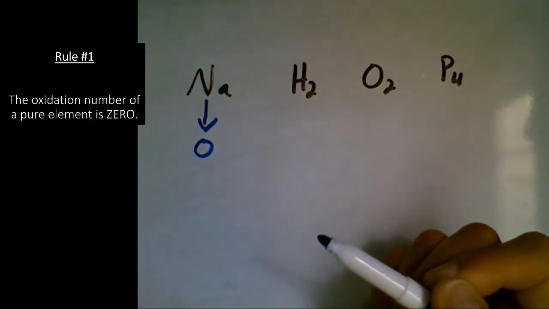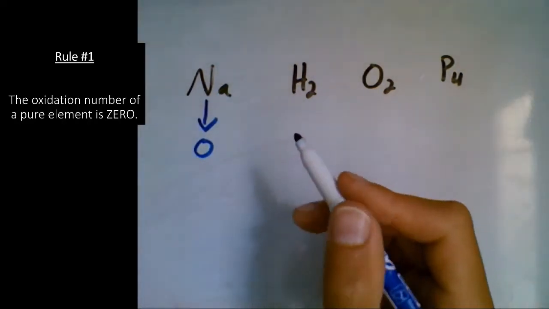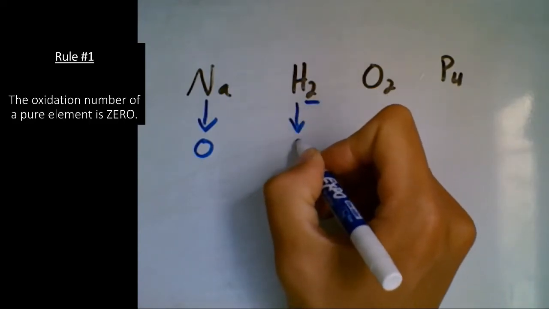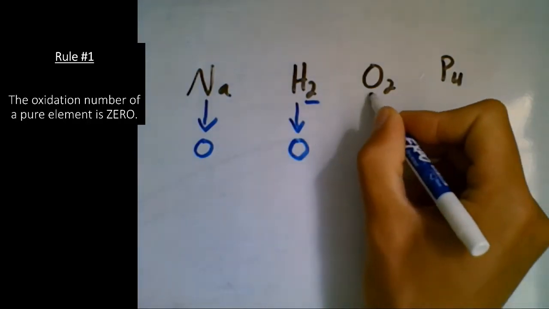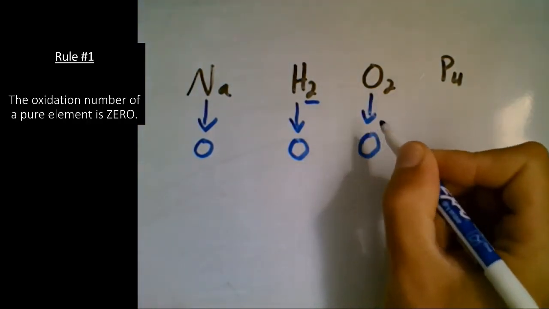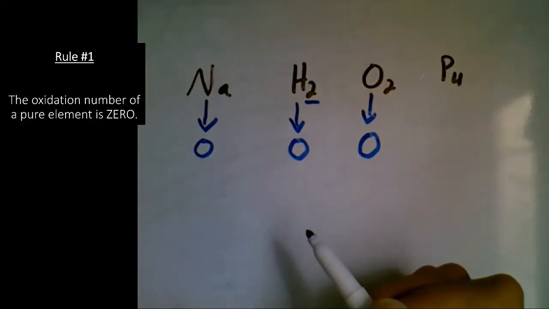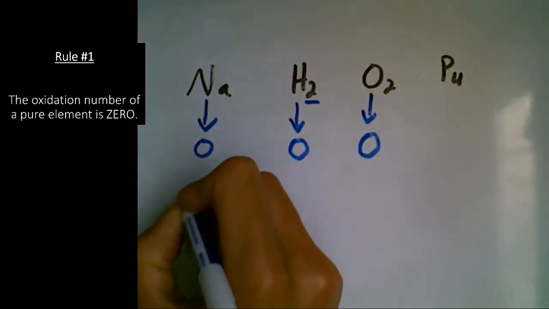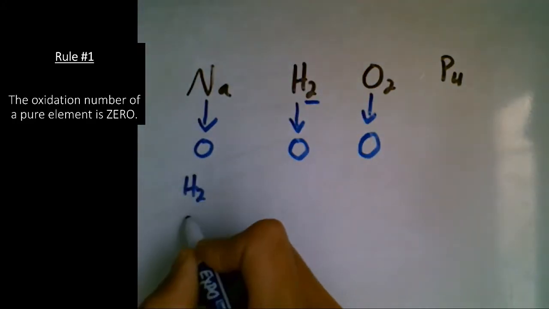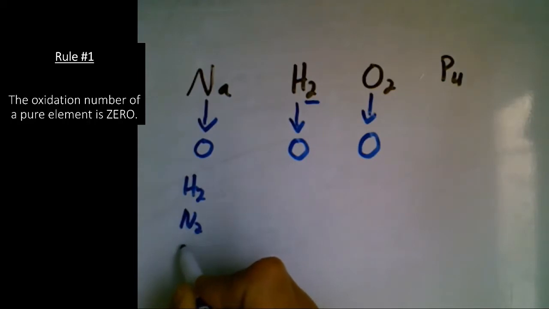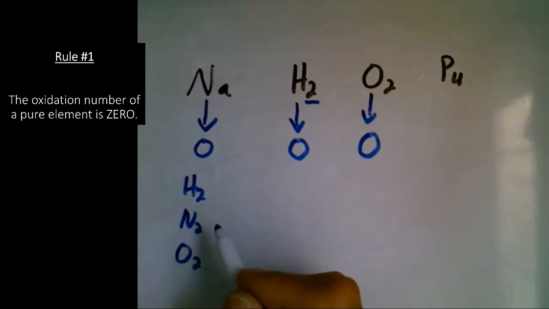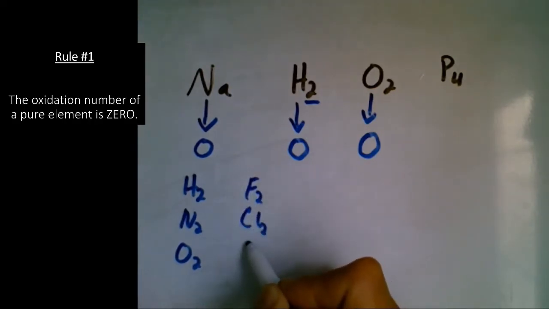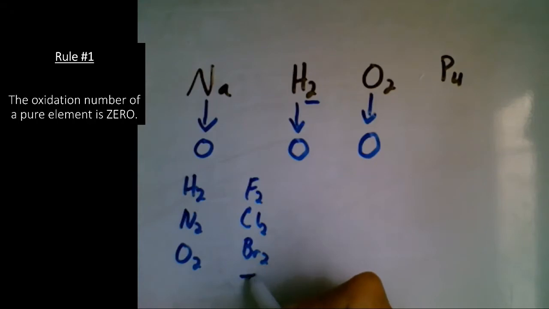This rule that oxidation numbers of pure elements have to be 0 also applies to diatomic substances. Substances like H2, substances like O2, they have oxidation numbers of 0. Keep in mind your diatomic substances would be things like H2, hydrogen, N2, nitrogen, O2, oxygen, or any of the halogens, F2, Cl2, Br2, or I2.